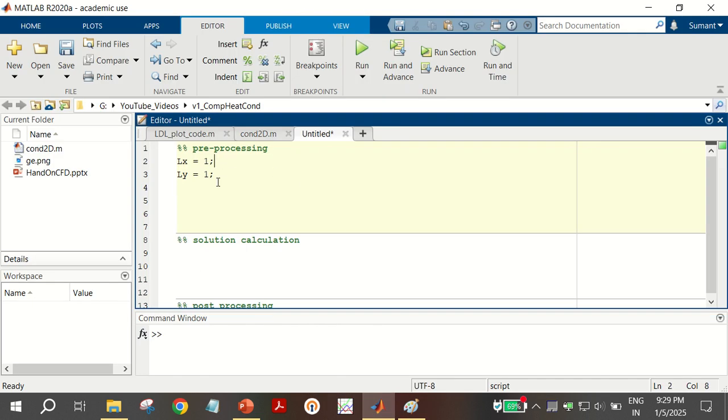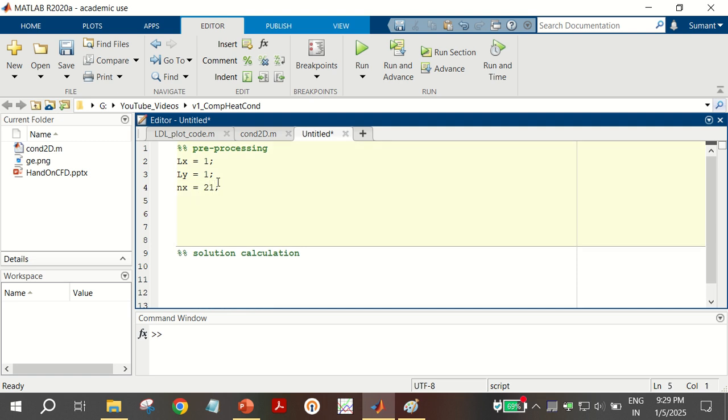So Lx, Ly is what I have written. For nx, let me take 21 grid points. It's always good to take an odd number of grid points, because then the number of divisions will be even, since the number of divisions is n minus 1. When you have 5 points, it means you will have 4 blocks. That's the reason I'm taking it to be odd.